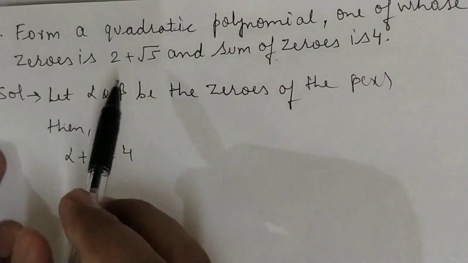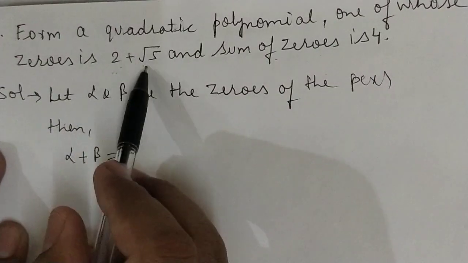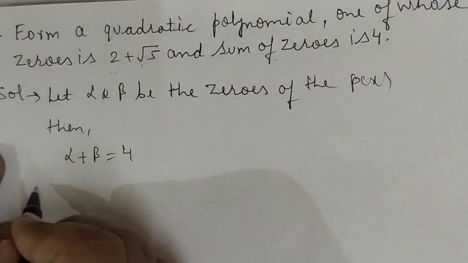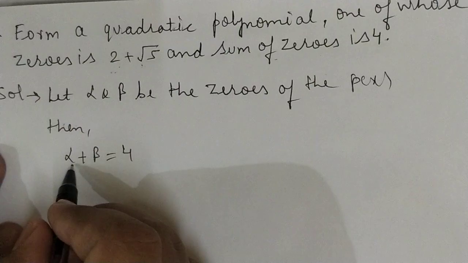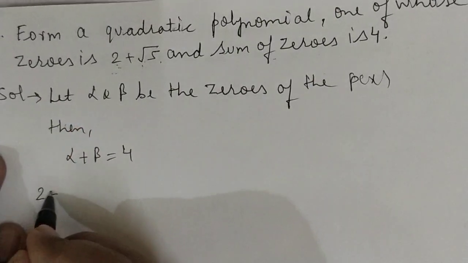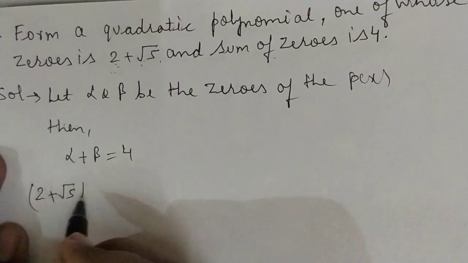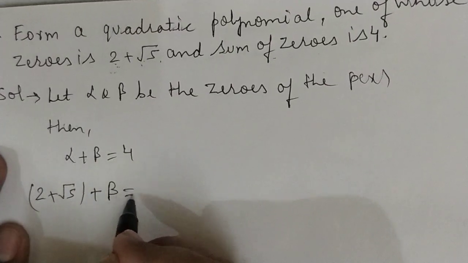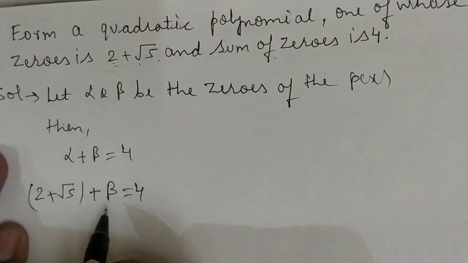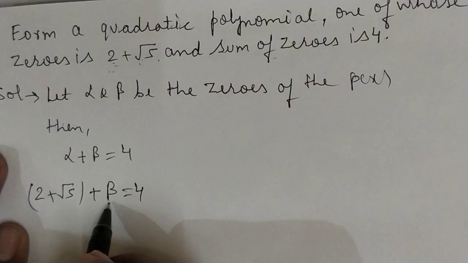Now here it is also given that one of the zero is 2 plus root 5. So let that one zero is alpha. So at the place of alpha I am writing 2 plus root 5 plus beta as it is, because we don't know the value of the beta.